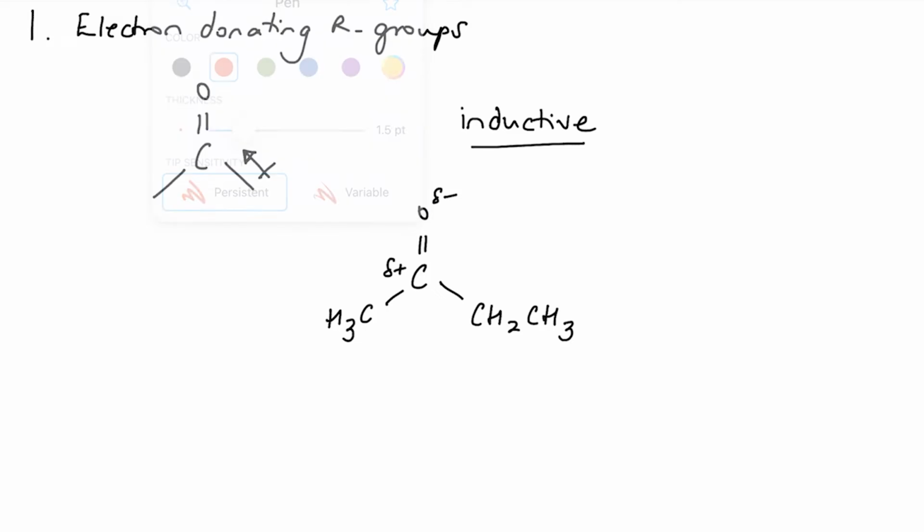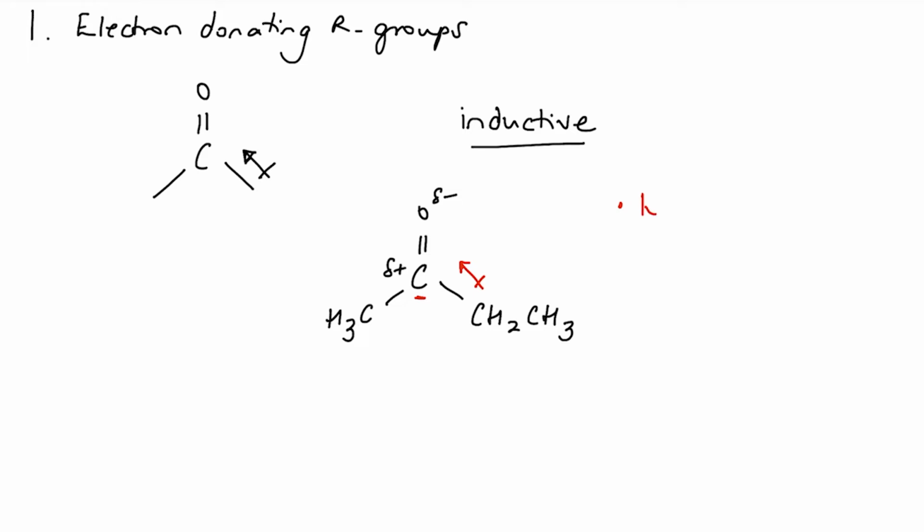Now we know that alkyl groups are able to donate electrons, or electrons are attracted towards the delta positive carbon of the carbonyl bond. As a result, this lowers the polarity of the bond, and the result is that this carbonyl bond is a little longer, a little weaker, and vibrates at a lower wave number. So let's summarize that.